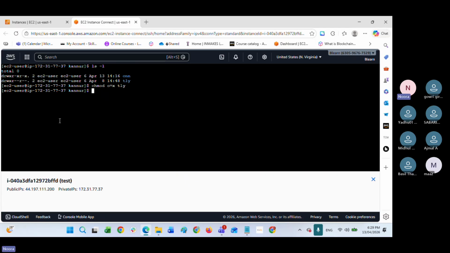Now what am I doing? I'm saying O equal X. So O means others, X means execute, equal means assign. Now I'll do an ls minus l for you. Now you need to compare the permission of TLY before and the permission of TLY later. Can you tell me what happened?